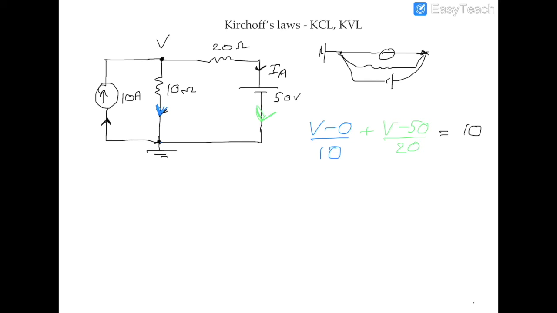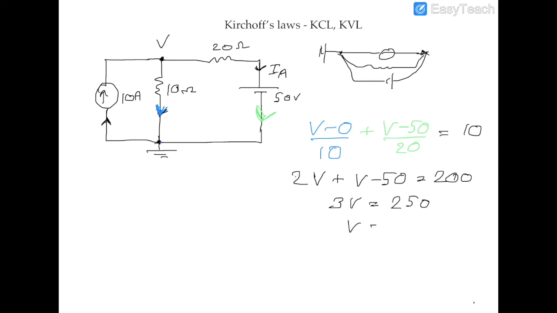I'm going to multiply this whole thing by 20. So 20 by 10 is 2. So I would get 2V here. And 20 by 20 is just 1. So I would get V minus 50 is equal to 20 times 10, which is 200. So I would get 3V is equal to 250.